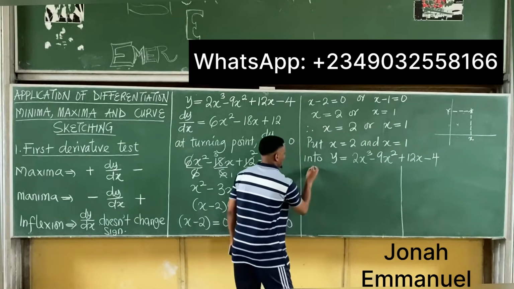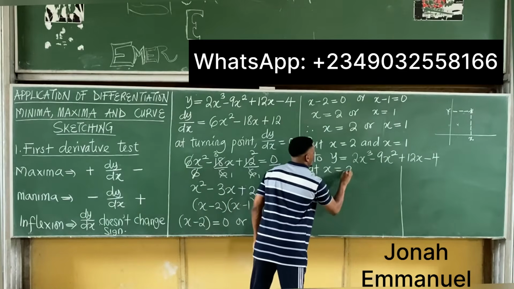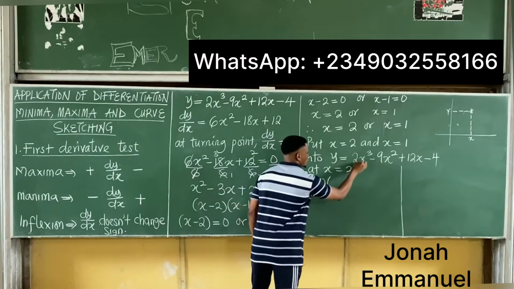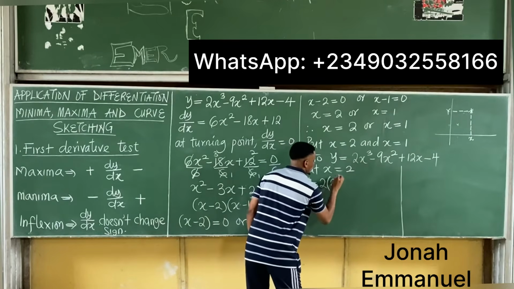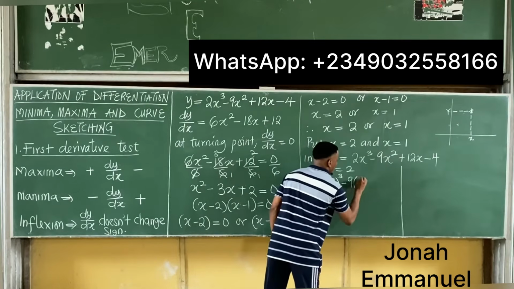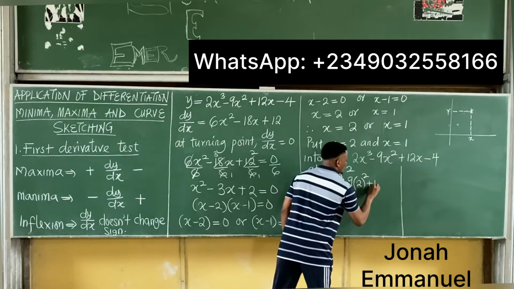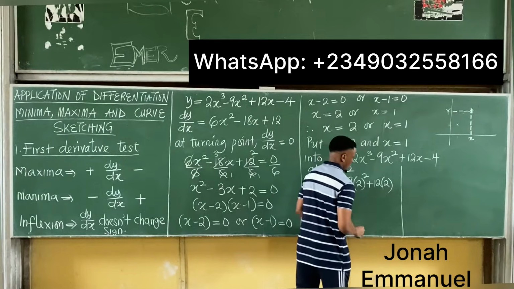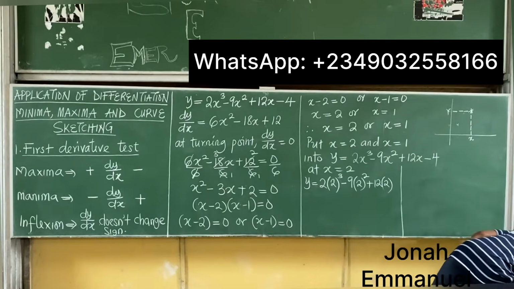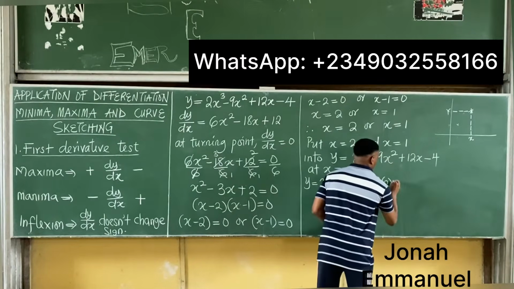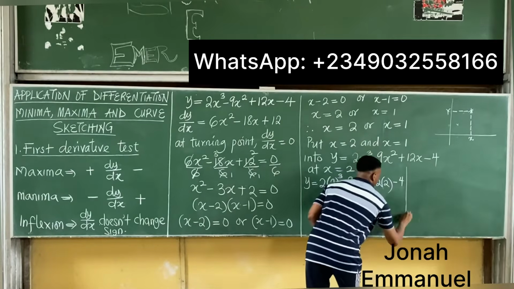So at x equal to 2, what's y? y will be equal to 2 into 2 cubed, minus 9 into 2 squared, plus 12 into 2, then minus 4. So I have this.